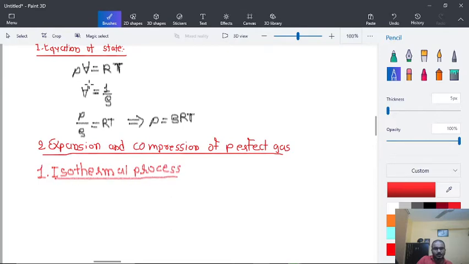In case of isothermal process, on the right hand side temperature will remain constant, R is already constant, so the left hand side will be equal to a constant. So here we will have PV equal to constant.